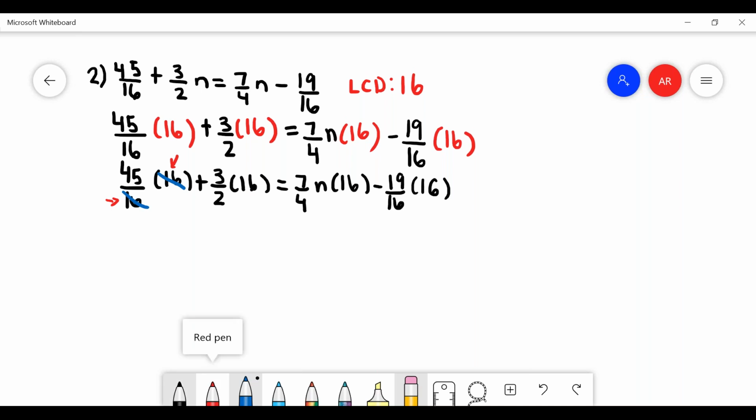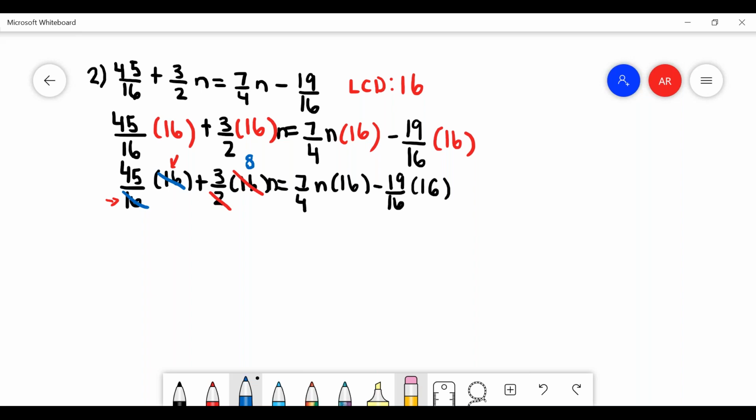Here we have 16 and 2, so 16 over 2 is 8. There should be an n here, and these cancel out, and this is 8. So 16 over 2 is 8.